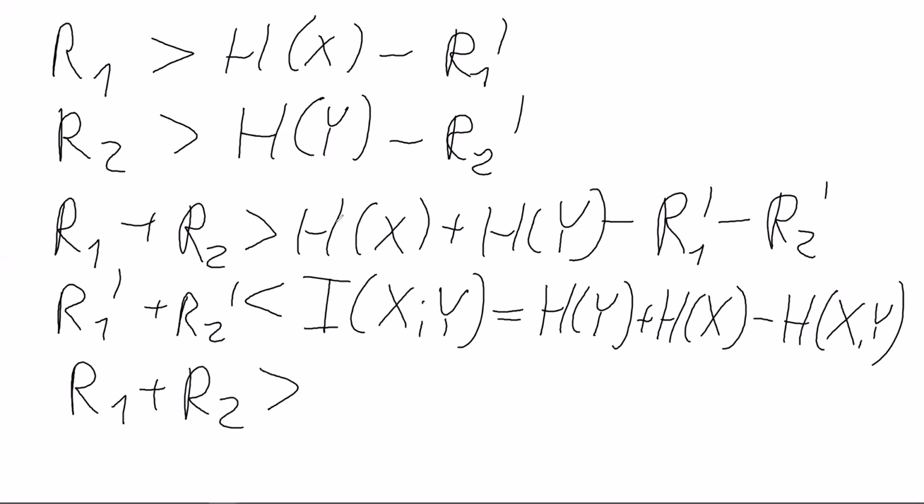The entropy of X minus the entropy of X, this minus this becomes positive, is H of X and Y. And that's the third condition of our theorem.